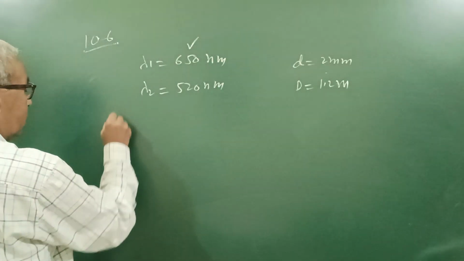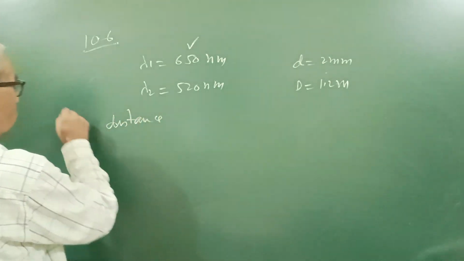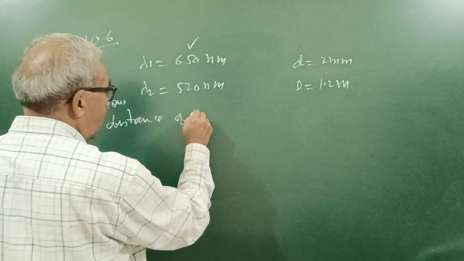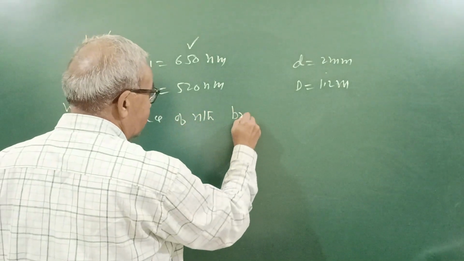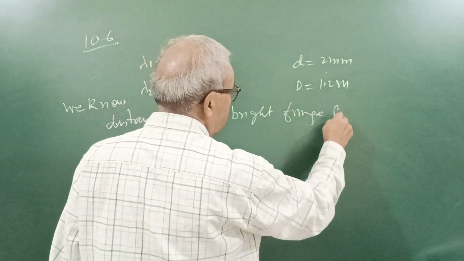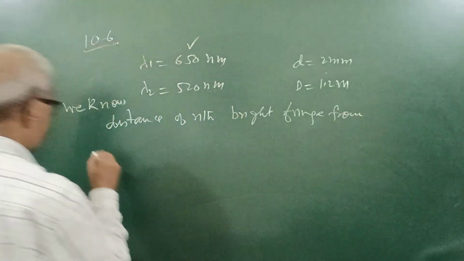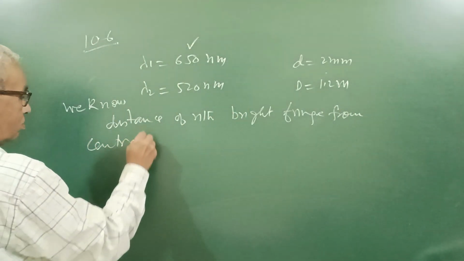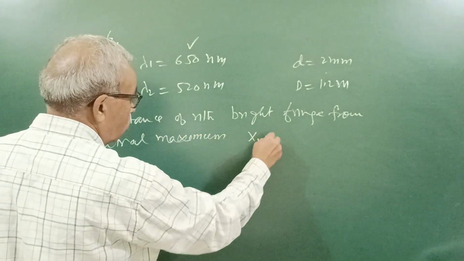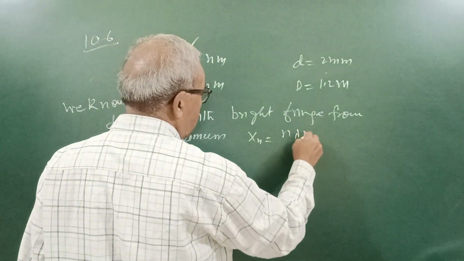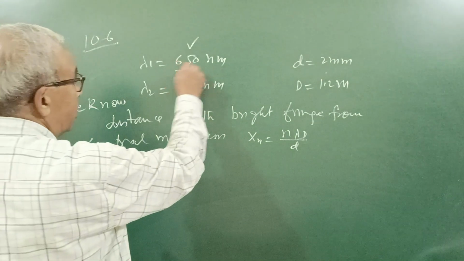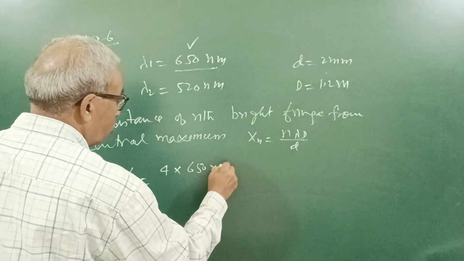We know the distance of the nth bright fringe from the central maximum is xn equals n lambda D upon d. So x3 is equal to 3 times 650 nanometer, 10 to power minus 9 meter.